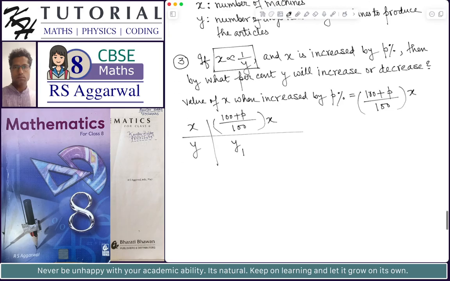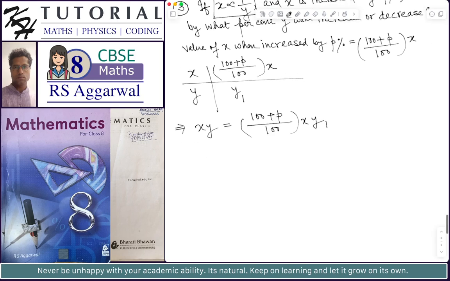Since the quantities x and y are inversely proportional to each other, we must have xy equal to 100 plus p divided by 100 multiplied by x multiplied by y1. So x cancels out and we see that y1 is equal to y divided by 100 plus p divided by 100.